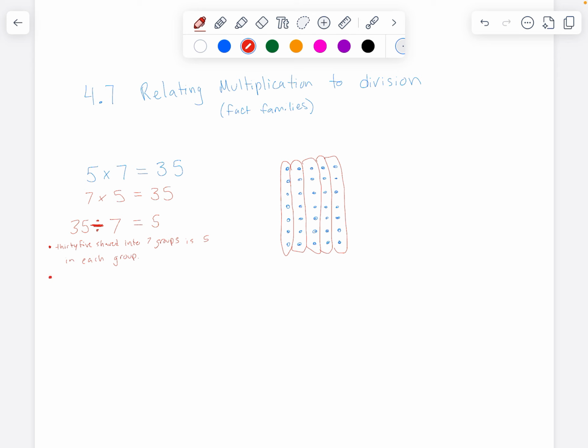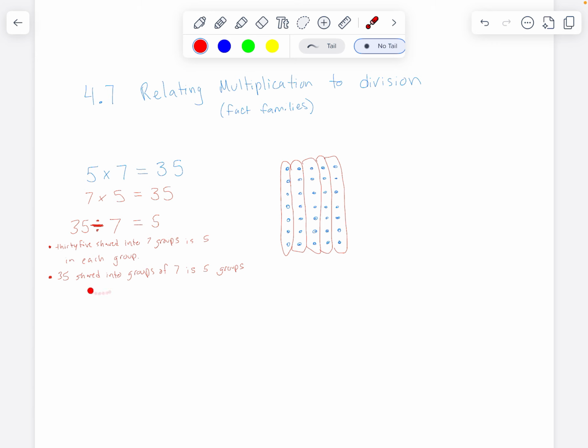This same expression, 35 shared into 7 groups equals 5, I could also read as 35 shared into groups of 7 is 5 groups. I want you to think about these. You don't have to write this down.